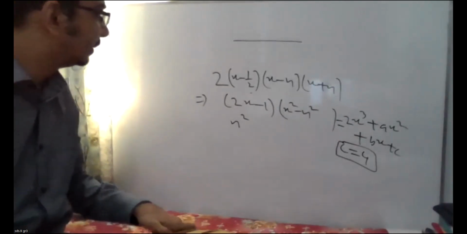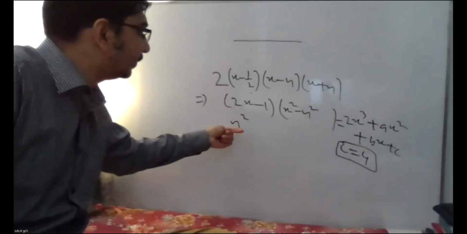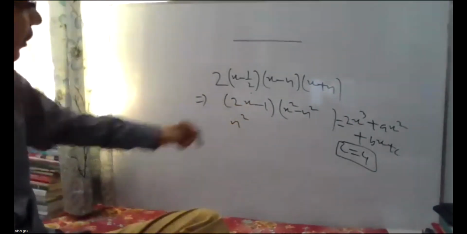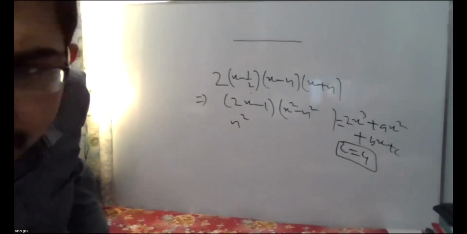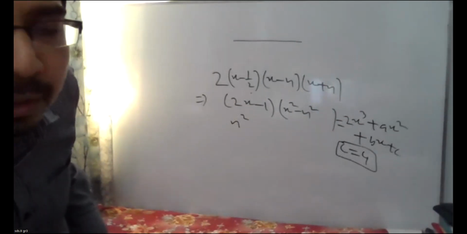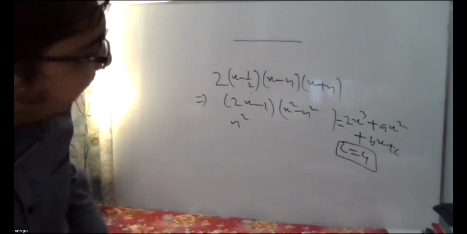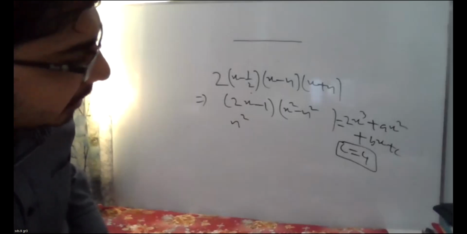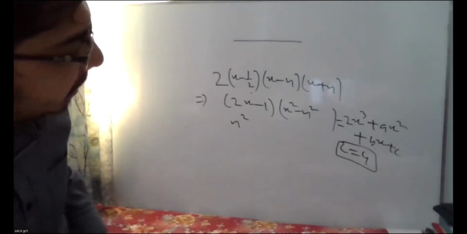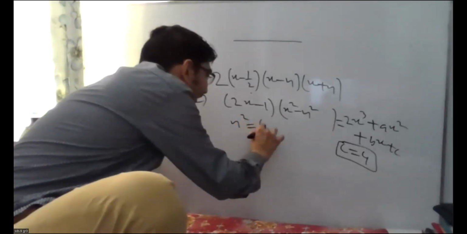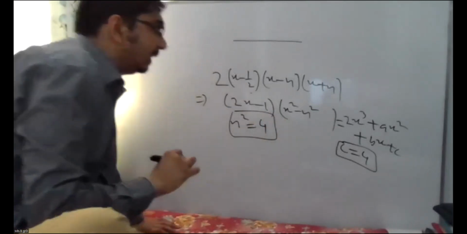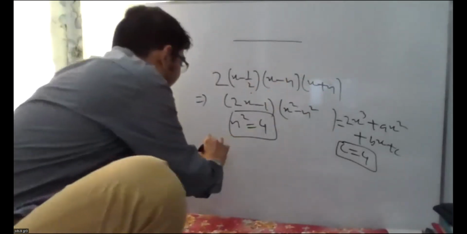If I put x equal to 0 over here, I get n squared. Did you understand? Okay, so n squared is equal to 4. I can write that. So basically this side becomes (2x minus 1)(x squared minus 4).